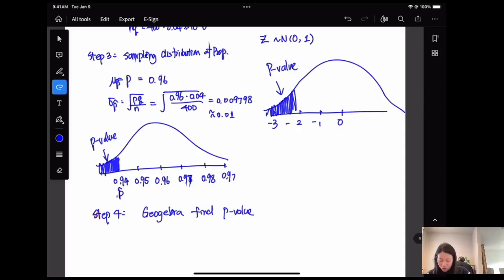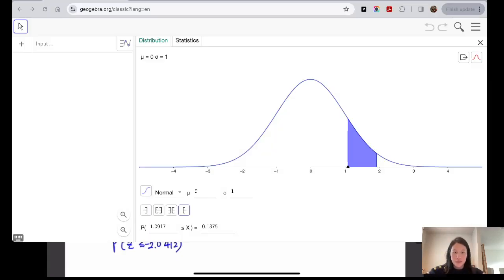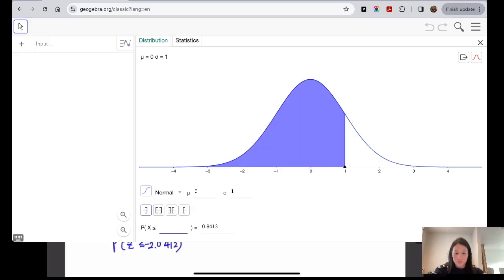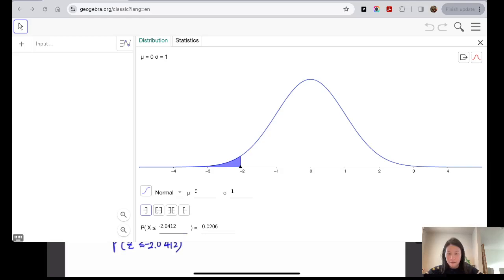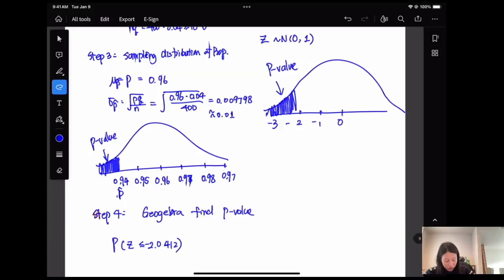So I'm going to use the z-score one. We want the z-score less than negative 2.04. It's 2.06%. So our p-value equals 0.0206.